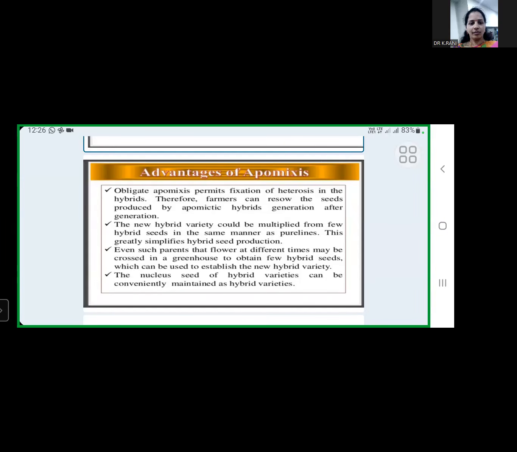This greatly simplifies hybrid seed production. Even parents that flower at different times may be crossed in a greenhouse to obtain a few hybrid seeds. So it can be used to establish new hybrid varieties also. The nucleus seed or hybrid varieties can be conveniently maintained as hybrid varieties.